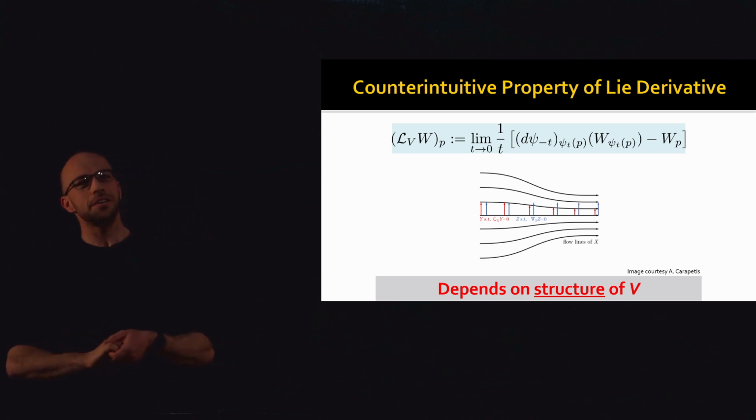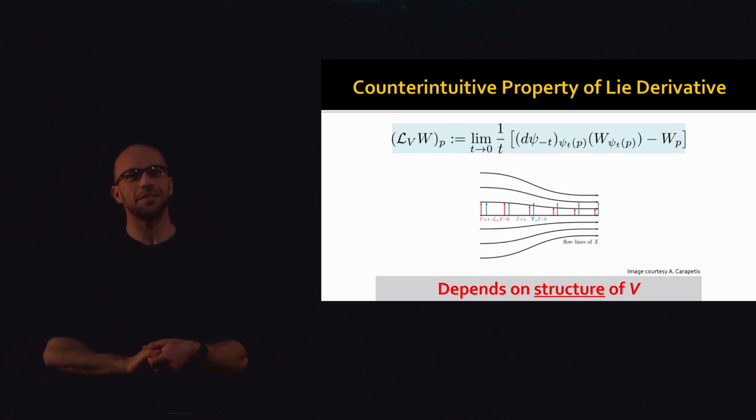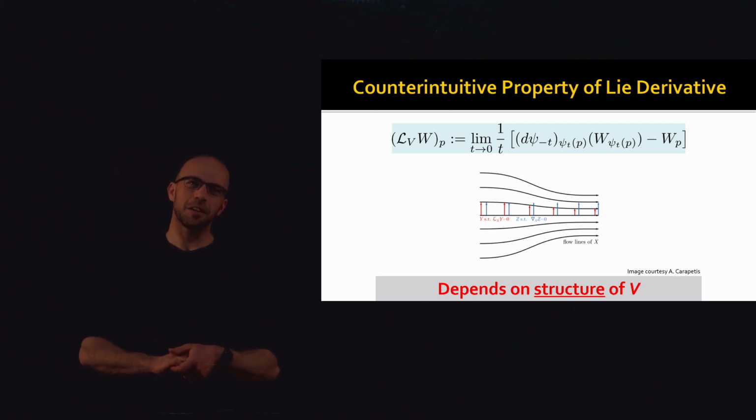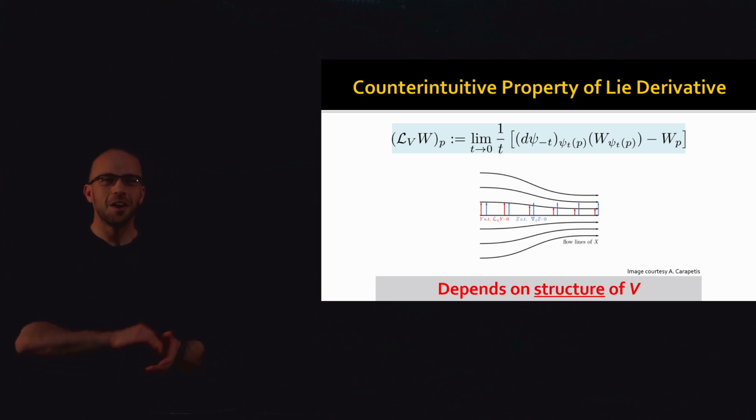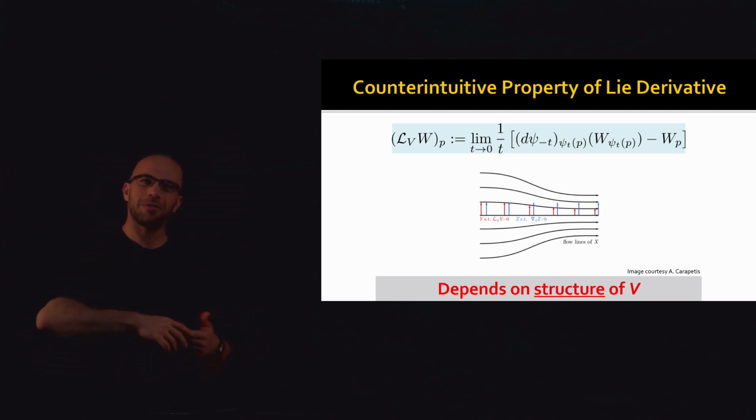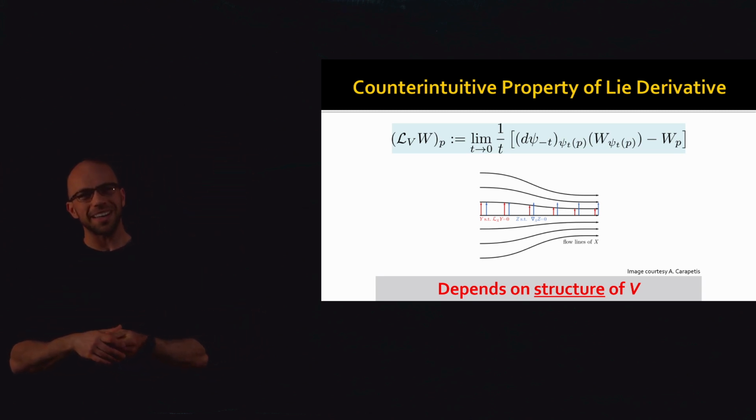So as a notion of derivative of a vector field, Lie derivative is kind of a weird one to think about. Even things that we would think might be constant along the plane actually look non-constant with respect to the reference frame that V is providing in this construction.